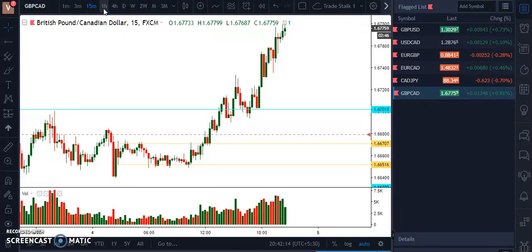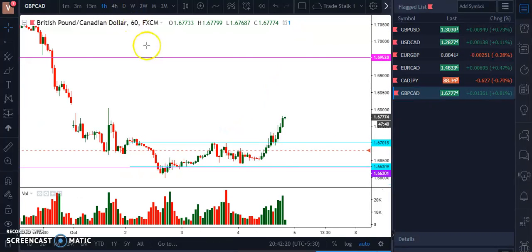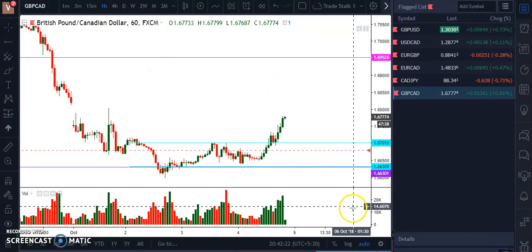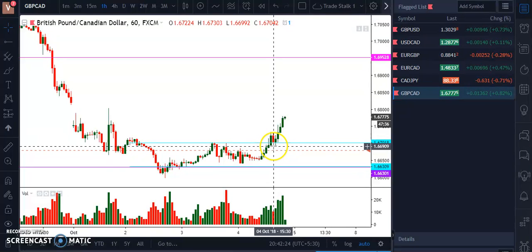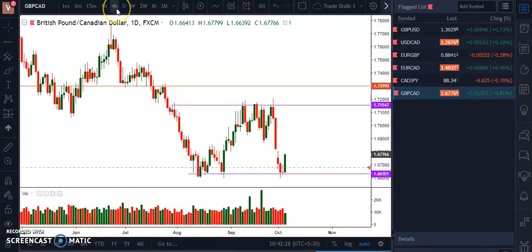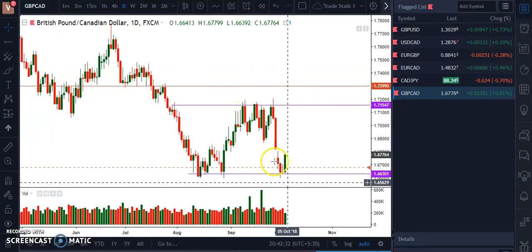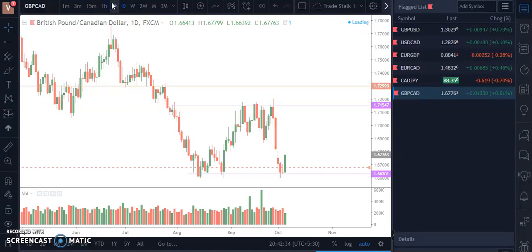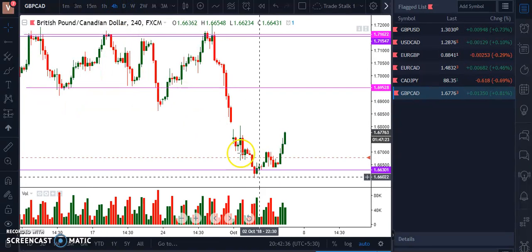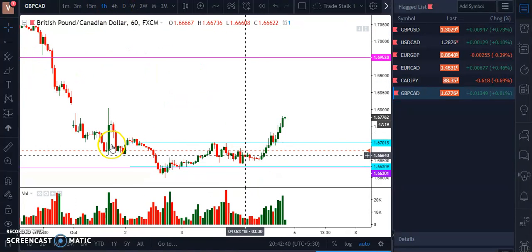Now, pound CAD. Pound CAD was another one of the very nice trades that I missed, because I was waiting. So the story on pound CAD that I saw was it's reacting at the bottom of the daily range, which was beautiful, which was excellent. And I saw that because on the 1-hourly there was some congestion over here.